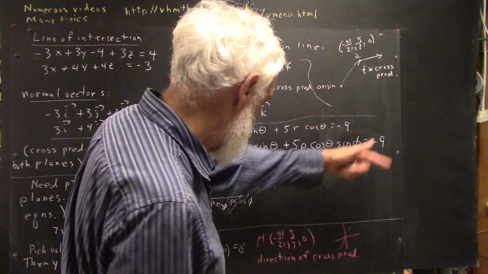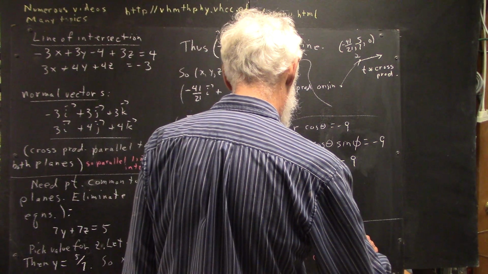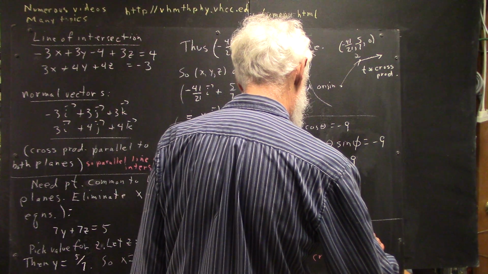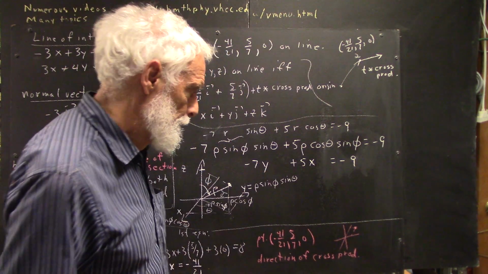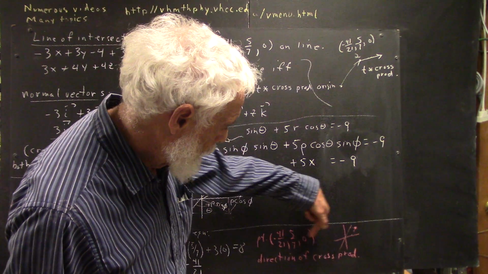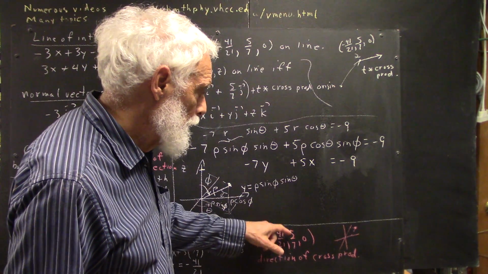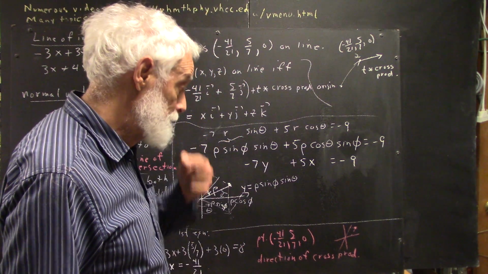The x is going to be negative, about negative 2, and the y is going to be positive, a fraction. So it's going to be a point like right here, where the projection on the x-axis is negative 41 over 21, about negative 2, and the projection on the y is 5/7, somewhat less than 1.